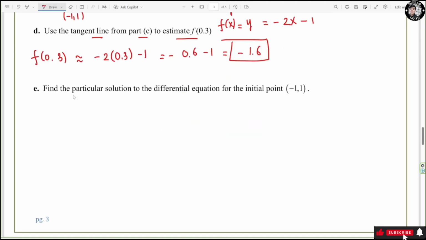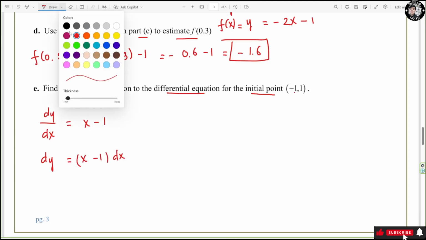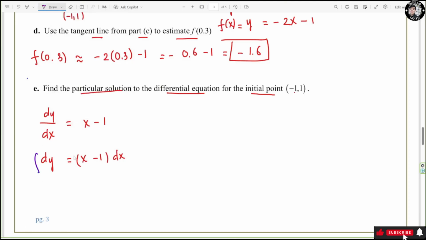Now question E. Find the particular solution to the differential equation for the initial point -1 and 1. Alright, so we have dy over ds equals s minus 1. We need to separate the variables by multiplying both sides by ds, right? So you have dy equals s minus 1 ds, right? Now you're gonna integrate both sides, right? So this one becomes y equals s squared over 2 minus s plus c, right?